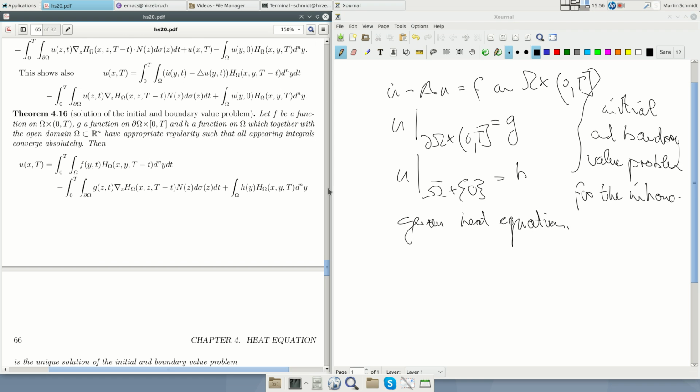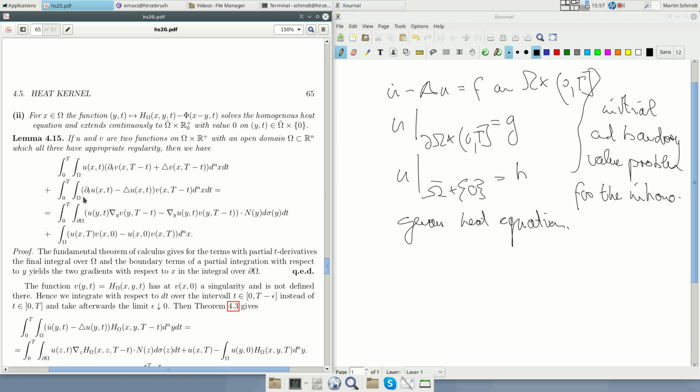Also, to make it more clear here. If we insert the heat kernel evaluated at x, z, the term which we integrate has a singularity at x. Sorry, here v is the heat kernel at y, z.